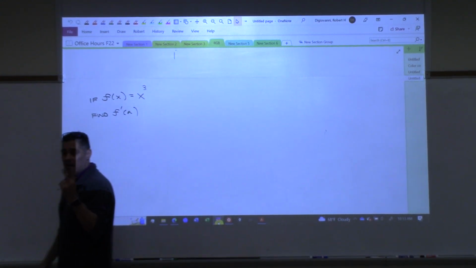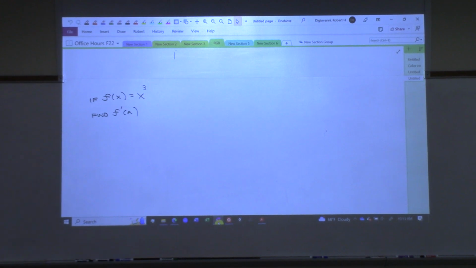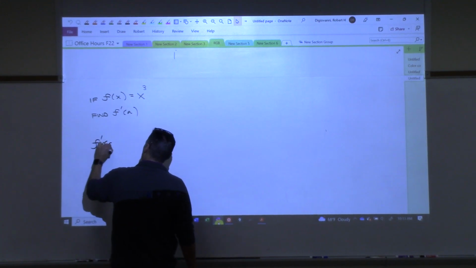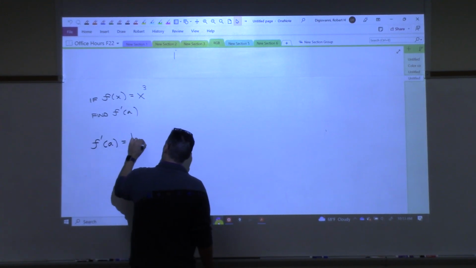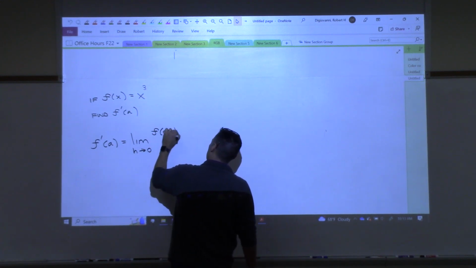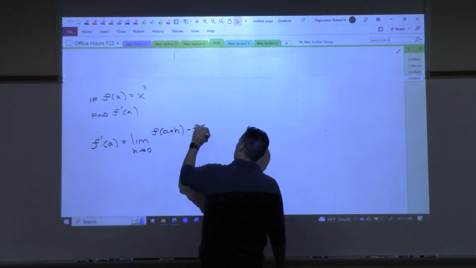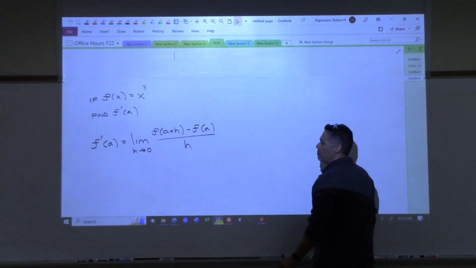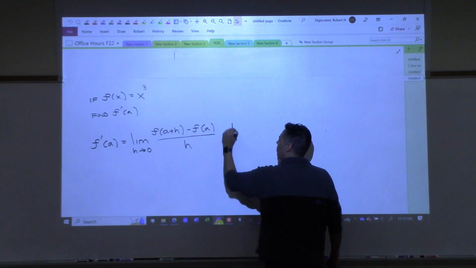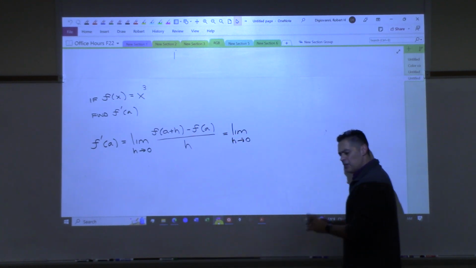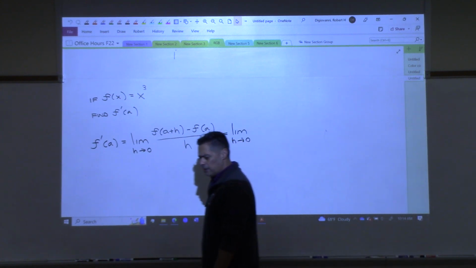I'm going to use the second definition again just to have another problem with practice. So to find that f prime of a, the formula for this is the limit as h goes to 0 of f of a plus h minus f of a all over h. That's just my generic formula for the slope of the tangent line, which is the limit as h goes to 0. All right, what am I going to do now? What am I doing?